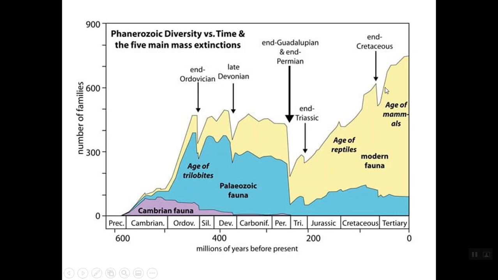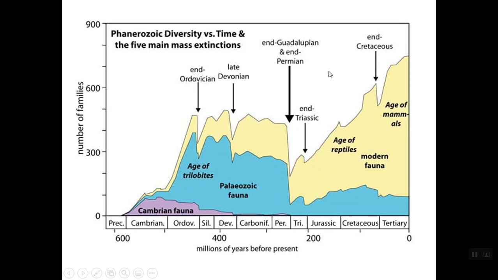This one is important for us because it tells you that after this big mass extinction event, which was quite significant, there is the age of mammals, and we are mammals, so that's why we're going to talk about this one a little bit more in detail. Okay, so 5 big mass extinction events. One was major. We were close to wiping off life on Earth here, but it didn't happen.